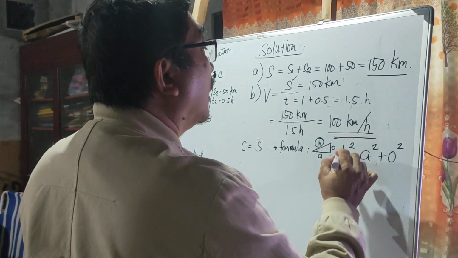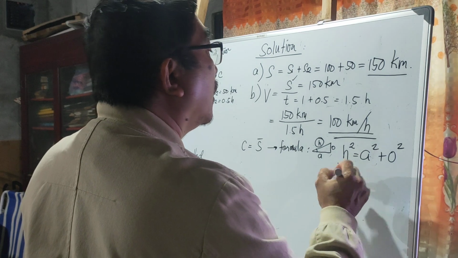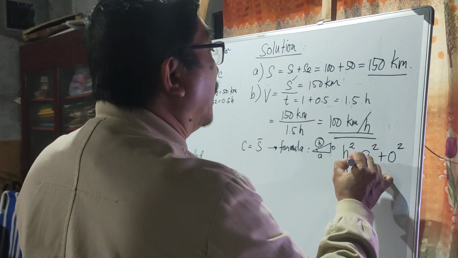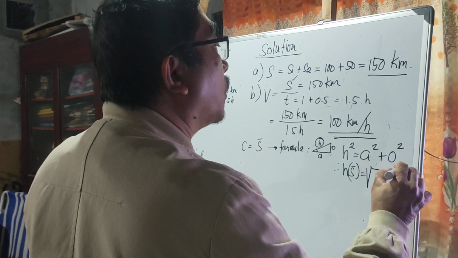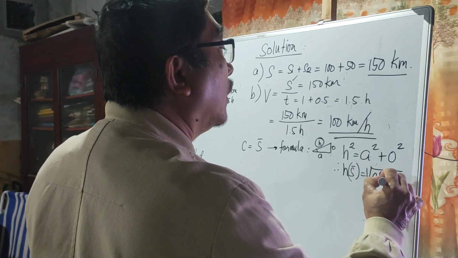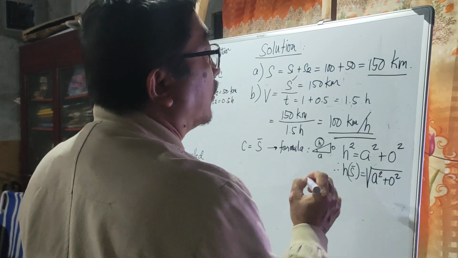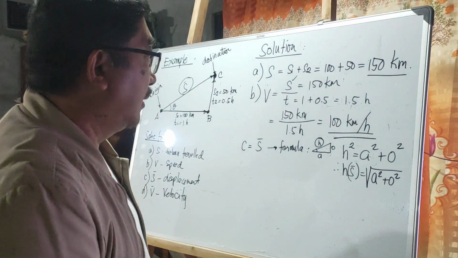Therefore, our h, in this particular problem, is our displacement, equal to the square root of a squared plus o squared.